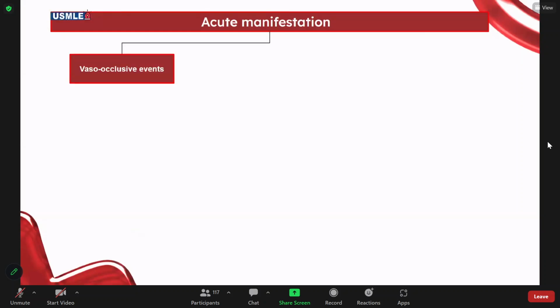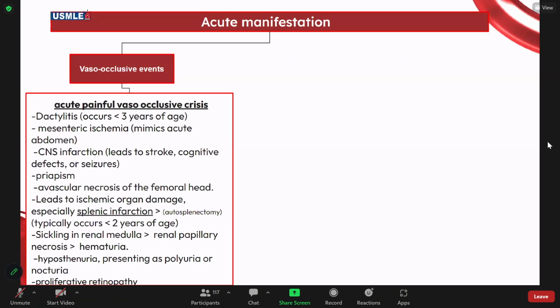The first one is the vaso-occlusive events, or acute painful vaso-occlusive crisis. The patient will present with moderate to severe pain. The pain can be from any side of the body, but frequently will be chest pain, back pain, or thigh pain, accompanied by fever.